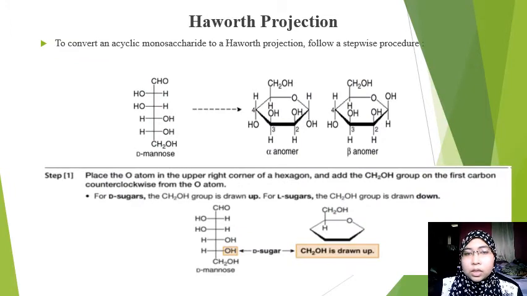Next, we will discuss the Haworth projection. To convert an acyclic monosaccharide to a Haworth projection, you should follow a stepwise procedure. Step 1. Place the O atom in the upper right corner of the hexagon and add the CH2OH group at the first carbon counterclockwise from the O atom.